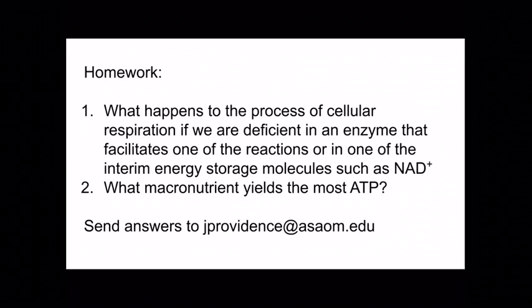So if we're deficient in B vitamins and we don't have NAD+ to be reduced, to take on electrons and energy, what happens to the Krebs cycle then? That's the question that you're answering here in number 1.